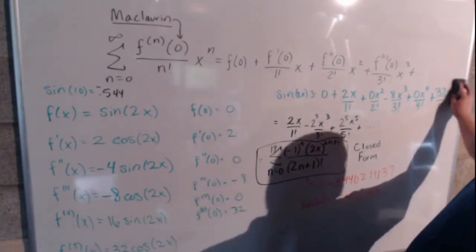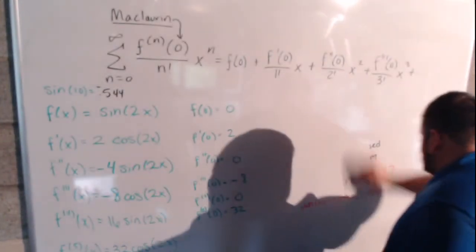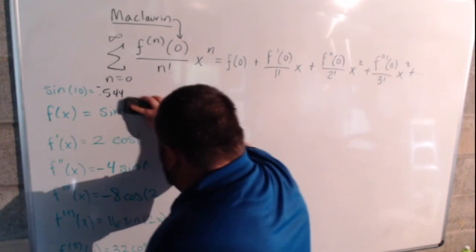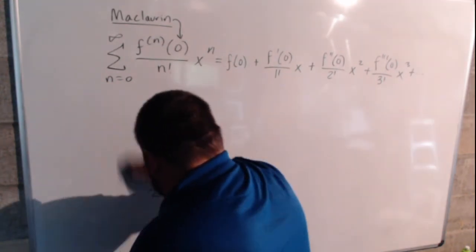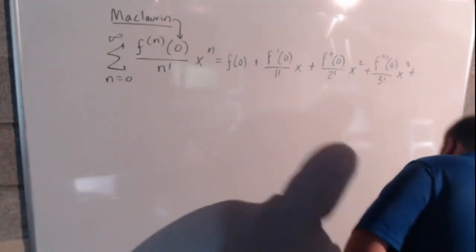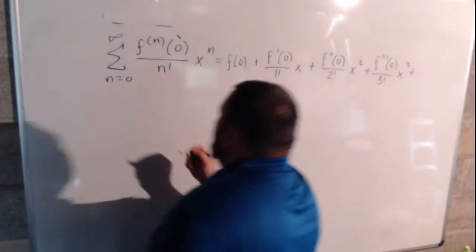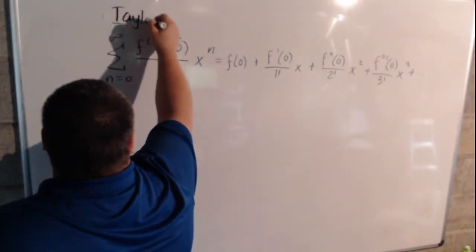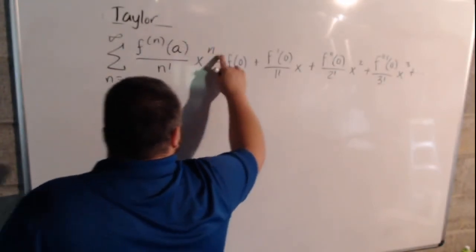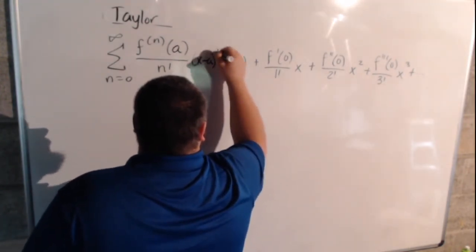Okay. So let me get rid of this. So, to make this a Taylor series now, instead of 0, we're evaluating at a, and instead of x to the n, this is now x minus a to the n.